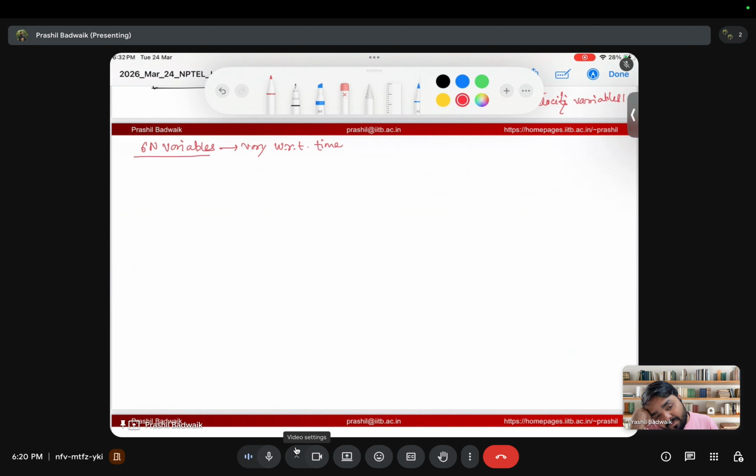For example, if I am having only x as a function of t, or I will write y as a function of t, how do I plot this? I'll have y here, and t that represents time. Time is changing, and along with the time this y variable is changing, right?